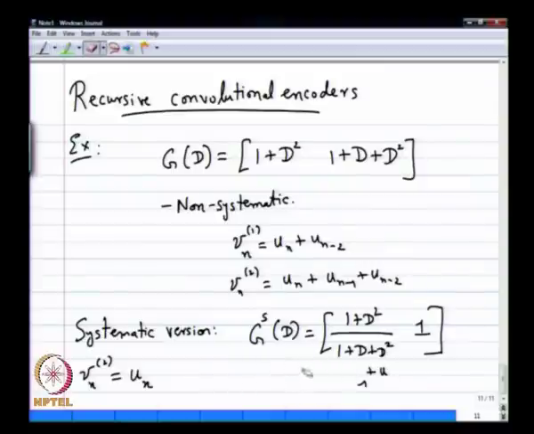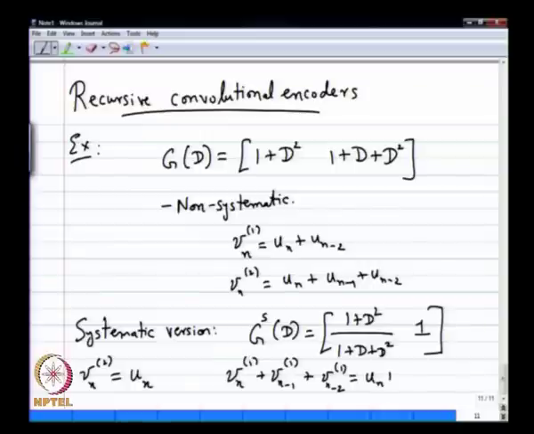So it is going to be this way: Vn plus Vn minus 1 plus Vn minus 2 equals Un plus Un minus 2. Okay, so a systematic form is very easy for Vn2, but for Vn1 I have to do an IIR kind of filter implementation. So it's a recursive implementation.